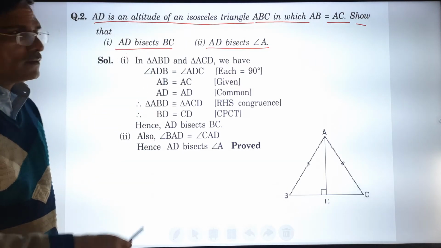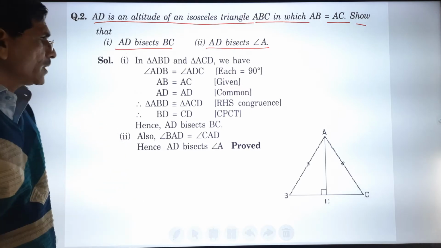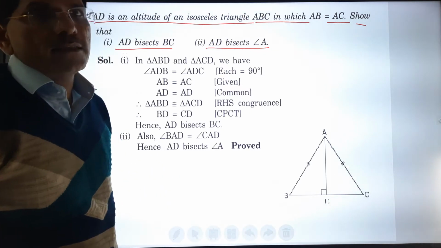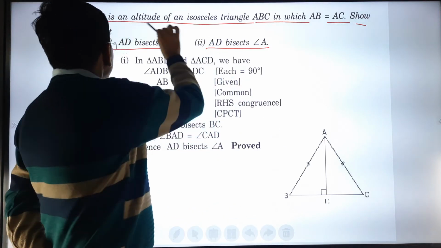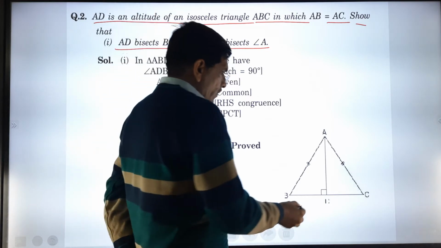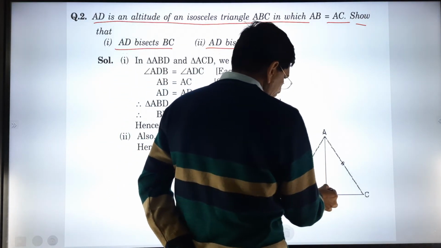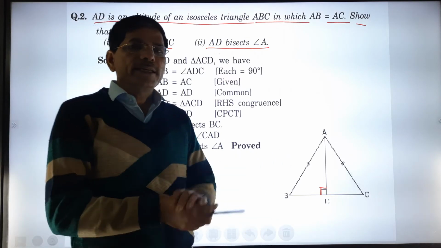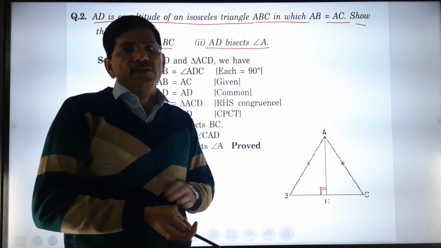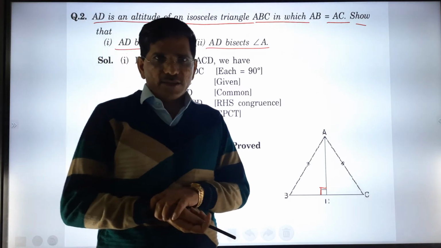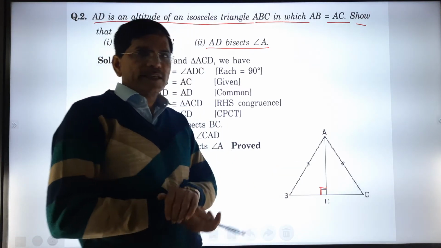That is why we concentrate again on question number 2. I hope you have understood what the question says. AD is an altitude. Whenever an altitude is there, it generates 90 degrees, always remember. Whenever 90 degrees is there, we have already discussed theorem 7.5, the RHS rule.